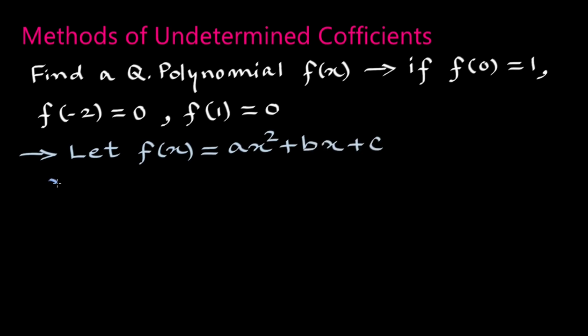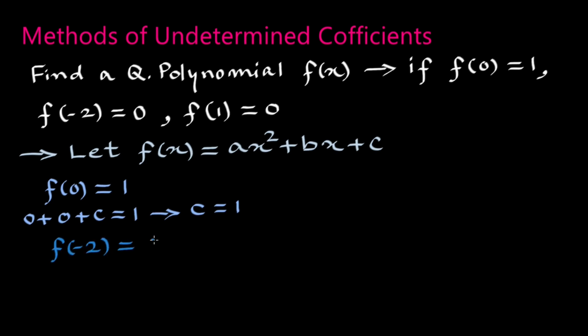We are given f(0) equals 1, therefore 0 plus 0 plus c will be 1, c will be 1. Next is f(-2) equals 0, so 4a minus 2b plus c equals 0, with c equals 1. That will be 4a minus 2b equals minus 1.